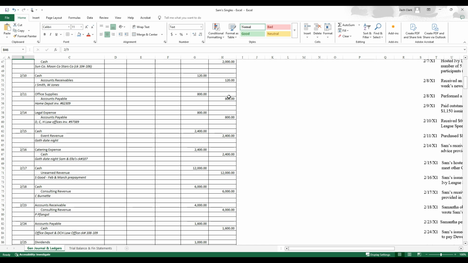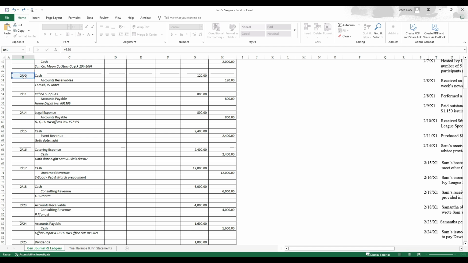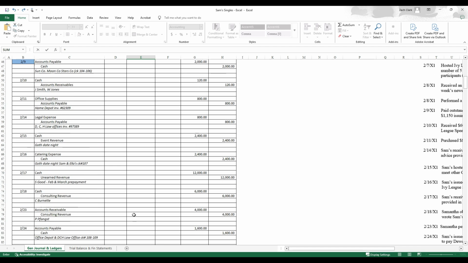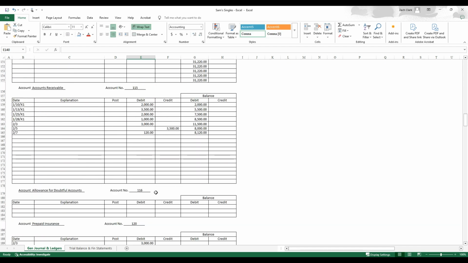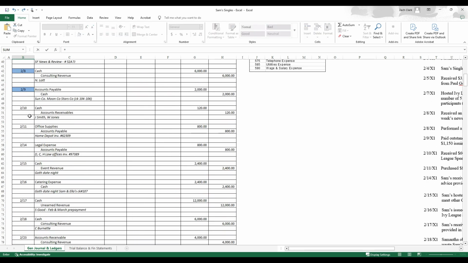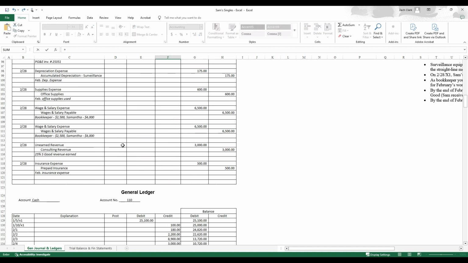And now we got cash and receivables on the 10th. This is going to be an increase to cash, 120. And the accounts receivable is going to decrease because we received that receivable, so it's no longer a receivable.